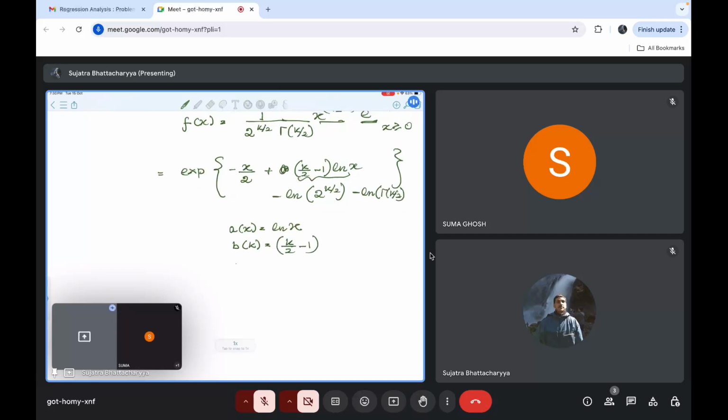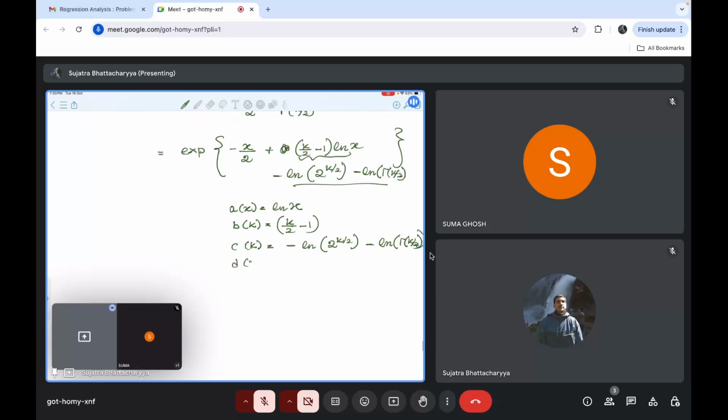Next, c of k, because the parameter of interest is k, is minus log of 2 to the power k by 2 minus log of gamma of k by 2. And finally, d of x is minus x by 2. So definitely, it belongs to the exponential family of distributions.